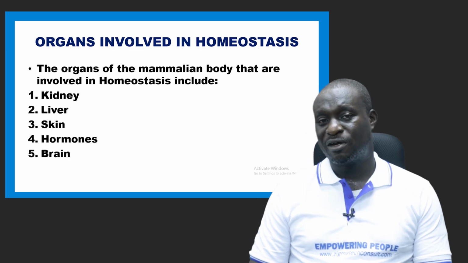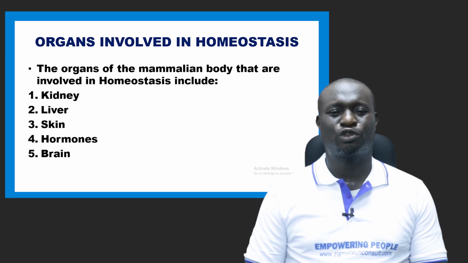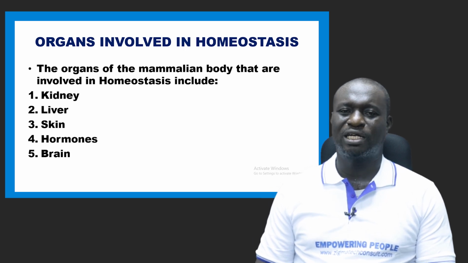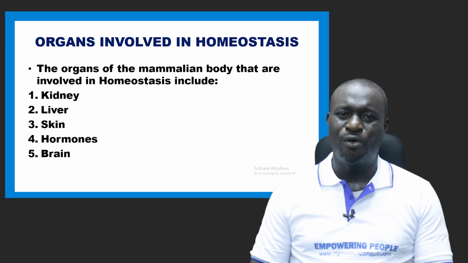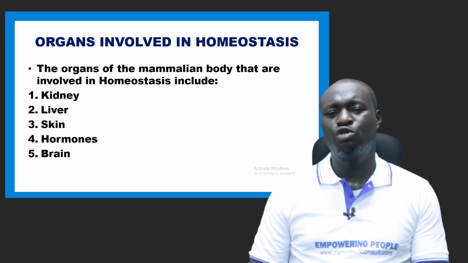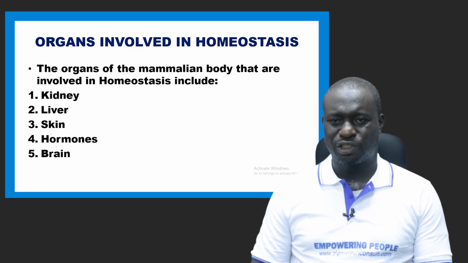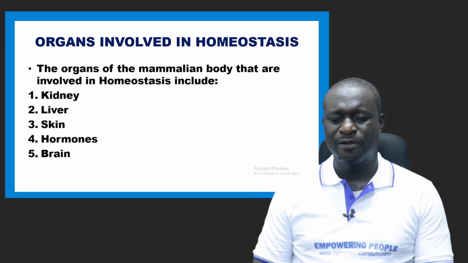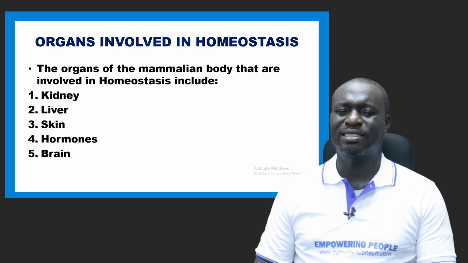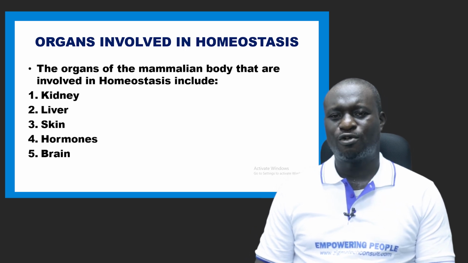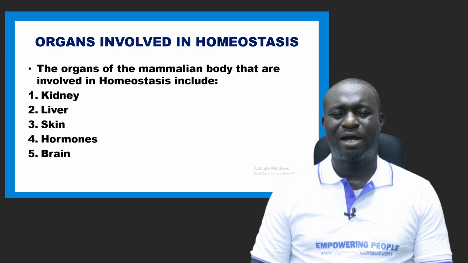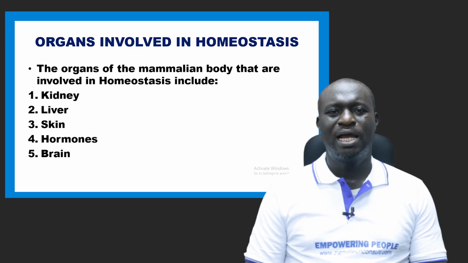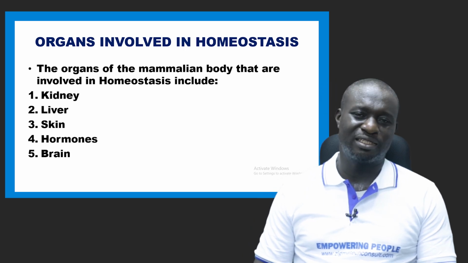In subsequent videos, we're going to look in detail at most of these organs and see how they carry out the process of osmoregulation or homeostasis, or you can say regulation of the internal environment. The first one we're looking at is the kidney. Number 2, the liver. The 3rd is the skin. The 4th is the hormones. And then the 5th is the brain.